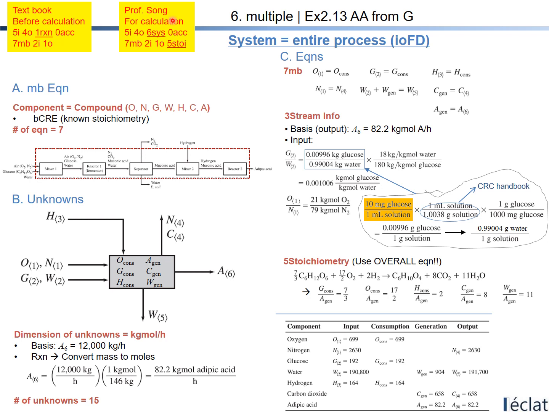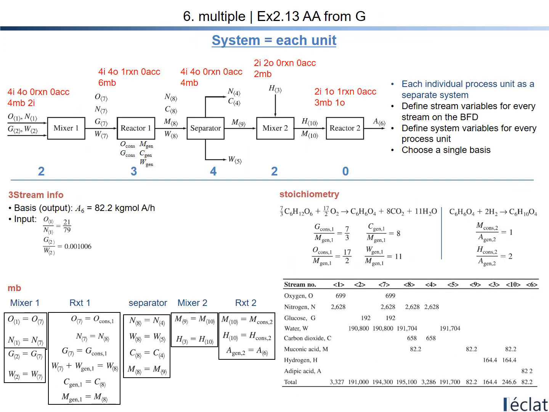So anyway, I have solved the problem about the adipic acid production process from glucose, and in this case I have calculated only pure input variables and pure output variables because I have taken the whole entire process as the single system. However, we need to calculate a lot of variables existing between the units.